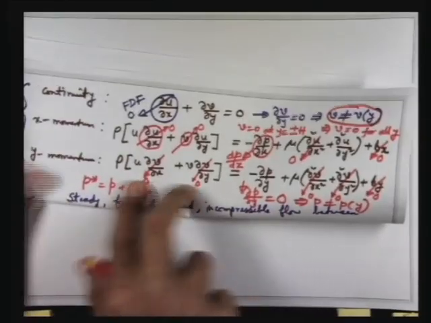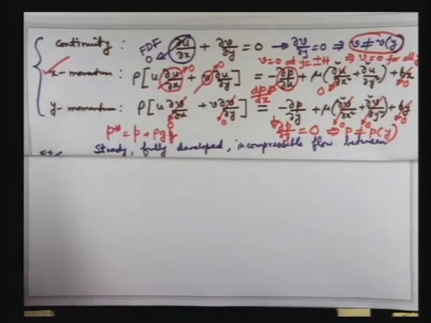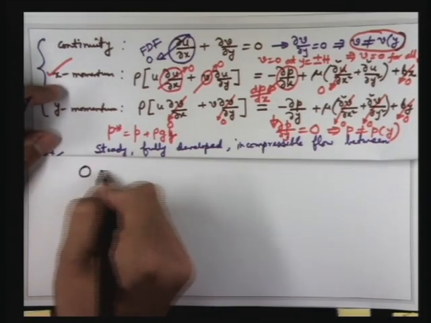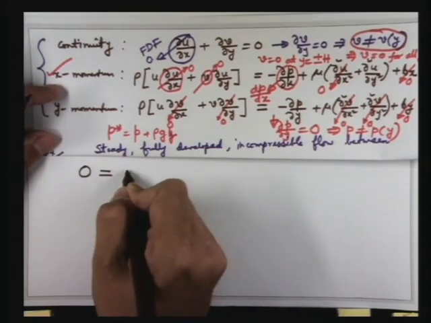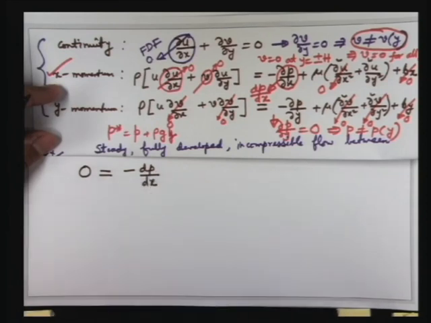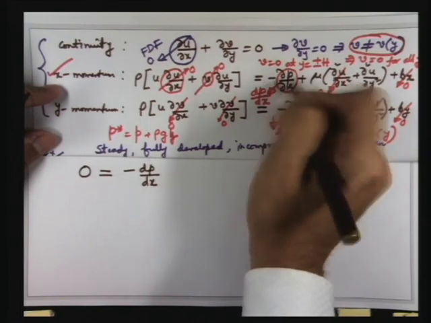What is the x momentum equation now? So let us write the x momentum equation. The left hand side becomes 0, the right hand side becomes minus dP dx. Del P del x becomes dP dx, and the minus sign is still there.